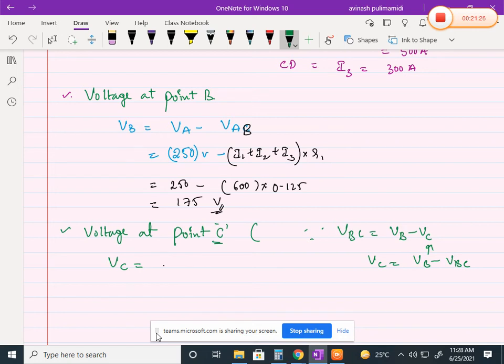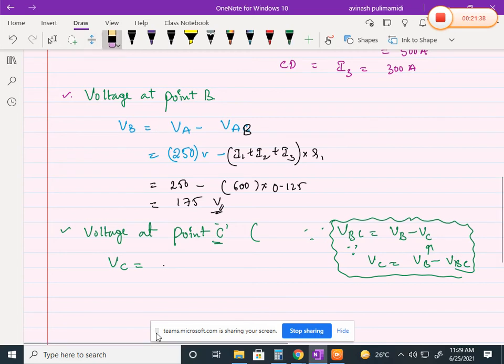If you are unable to find it, use this logic. Then VC is equal to VB minus VBC.